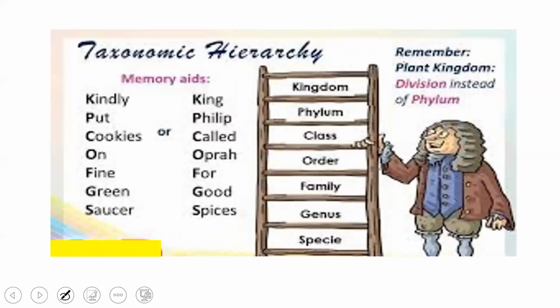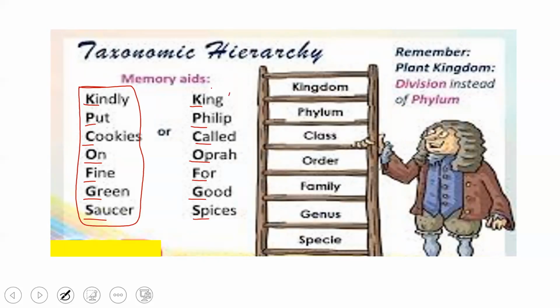To remember this, you can use some mnemonics. One mnemonic given here is: Kindly put cookies on fine green saucer. It is nothing but KPC of GS. Another way to remember is: King Philip called Ophrah for good spices.